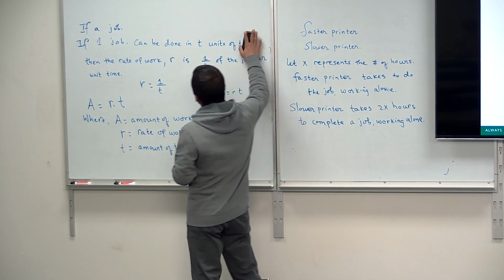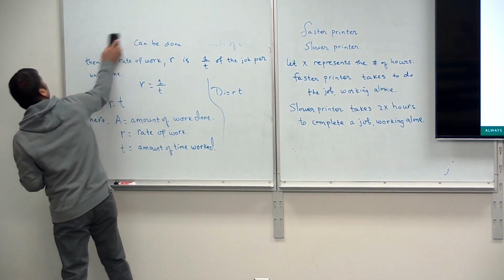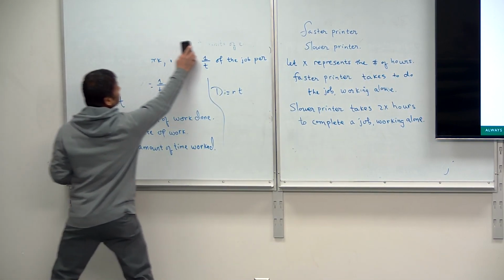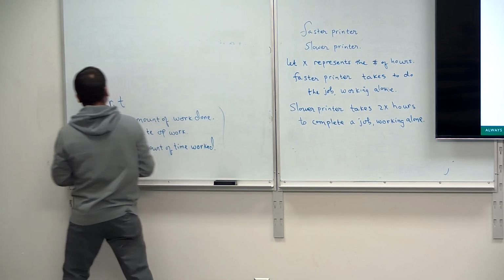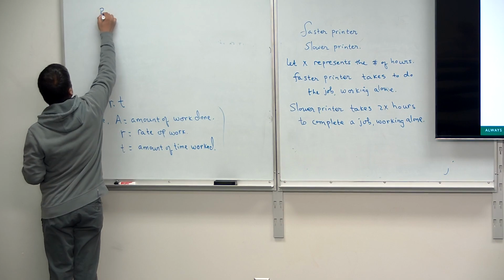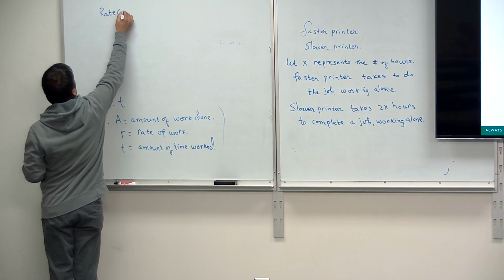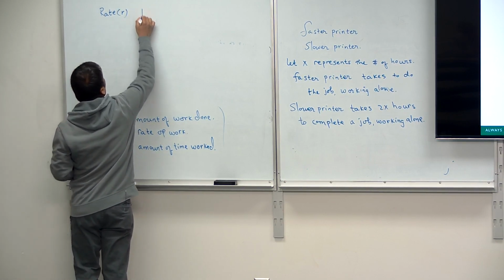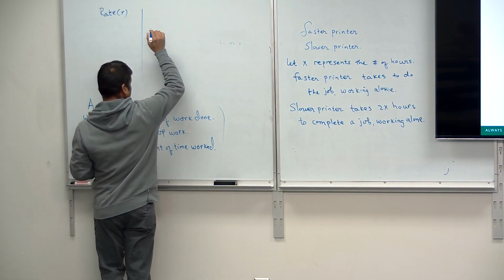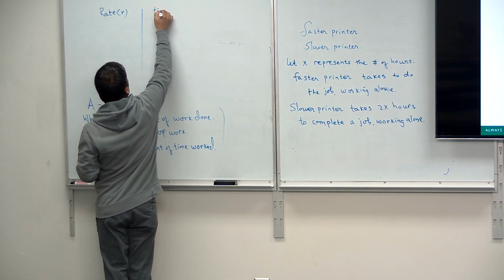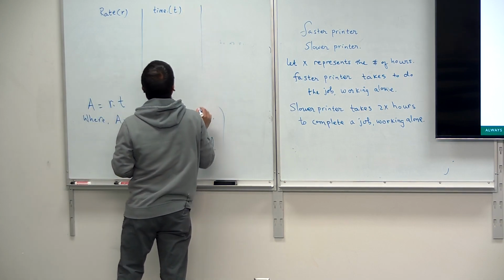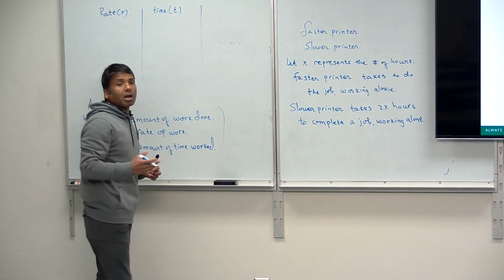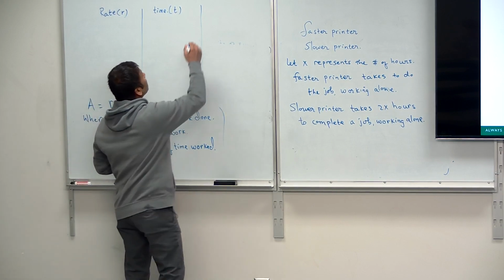So let me make a table here, okay? What you have here is rate, which is denoted by R, and then we have time, the amount of time worked, which we denote by T, and then we have the part of the job completed.